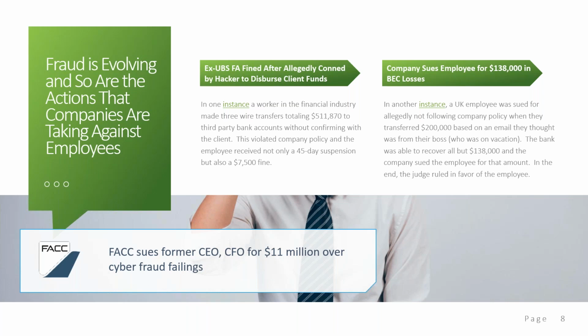They were both sued, and I think they were sued for the 11 million as it states there, but the judge did dismiss that. But again, there's still the threat of employers taking action, and this example is just adding to that threat out there that employers are taking action against employees.